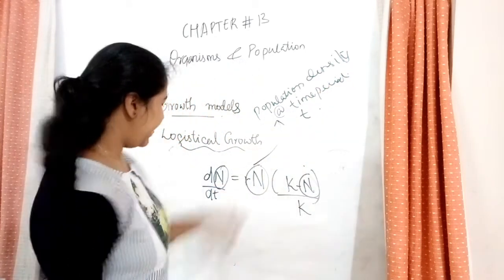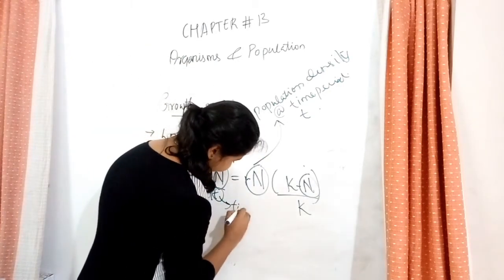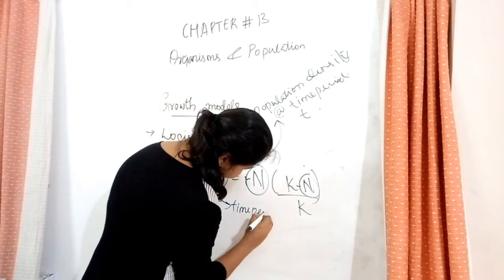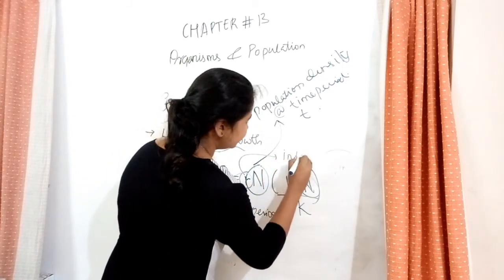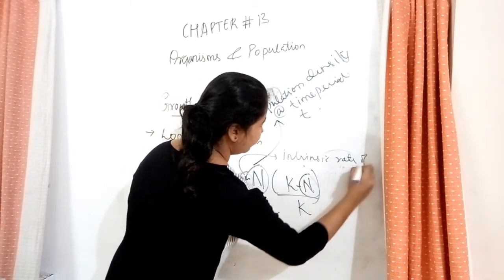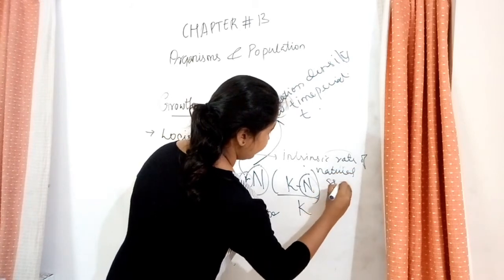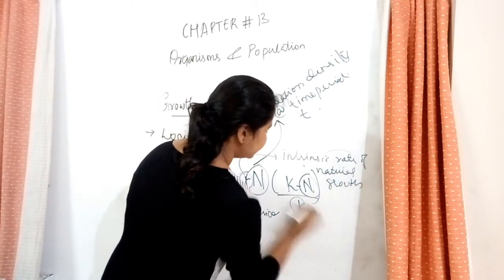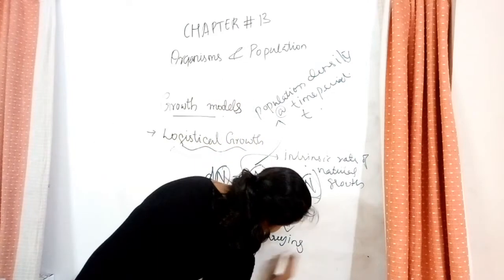And t is the time period. What is r? Intrinsic rate of natural growth. And what is this K? K is the carrying capacity.